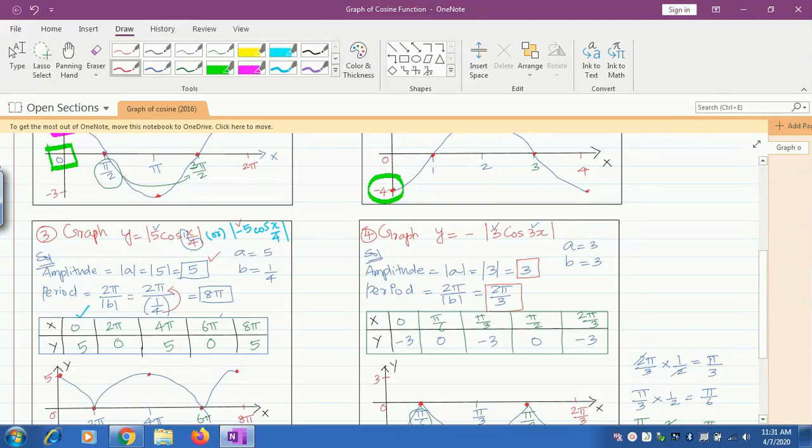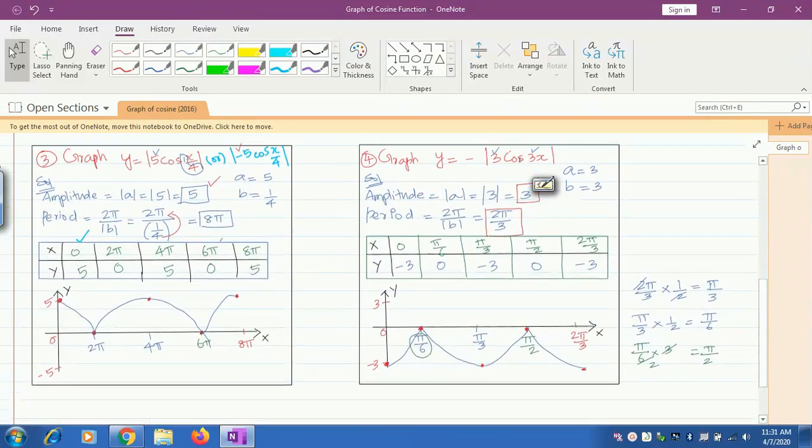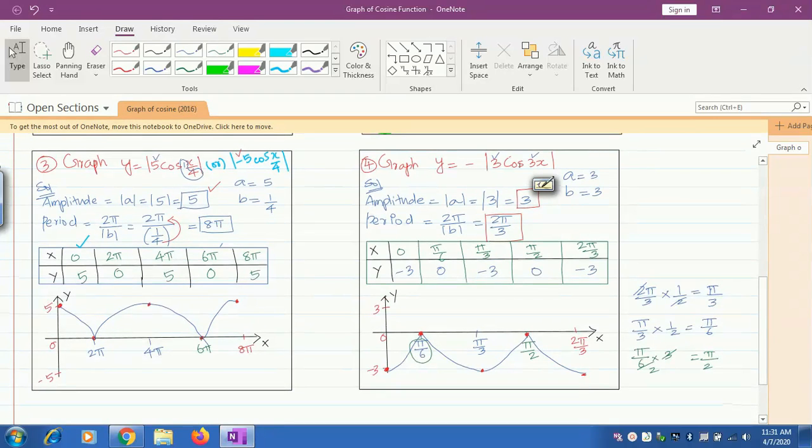The amplitude is 3, a and b is 3 and the amplitude is 3, and here the period is 2 pi over 3, and I can write the graph. What is the graph here? Pi over 2 pi over 3. What is the half of this? So this is a full period.